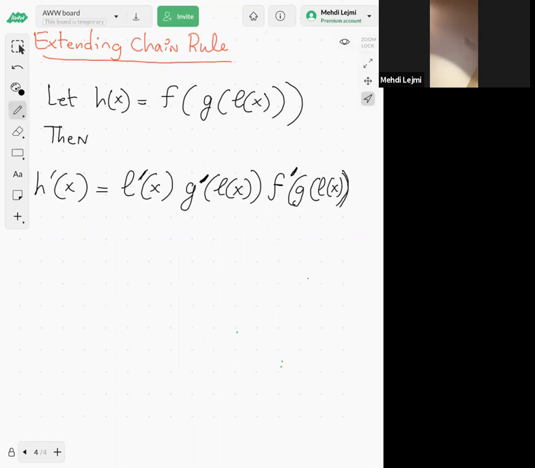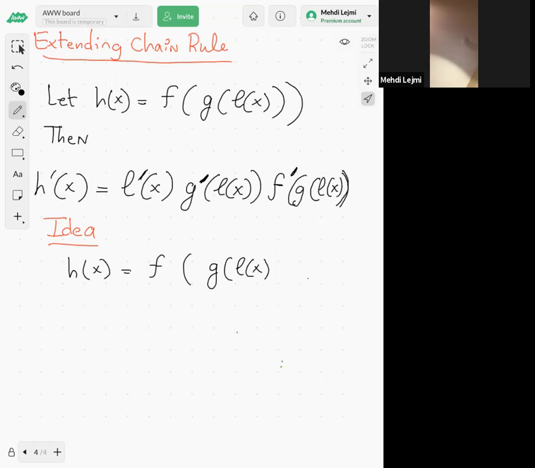So the idea, or the proof, is the following. Why do we have such a formula? Well, it's because of the following. You have your h of x, which we said is f of g of L of x.